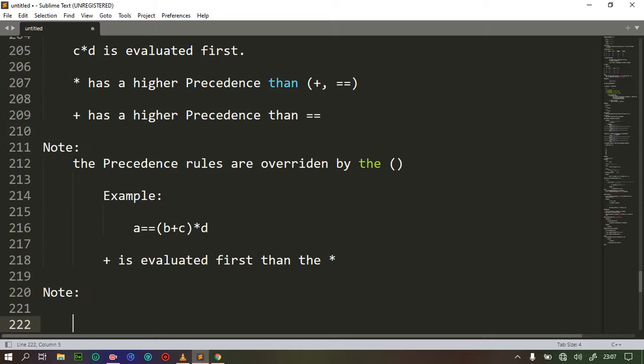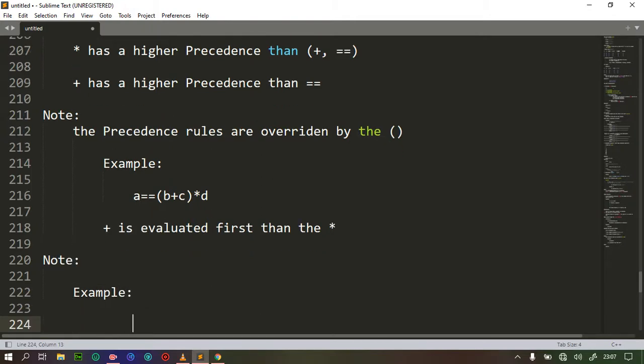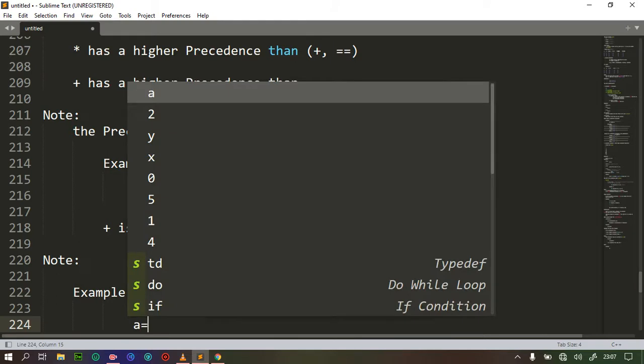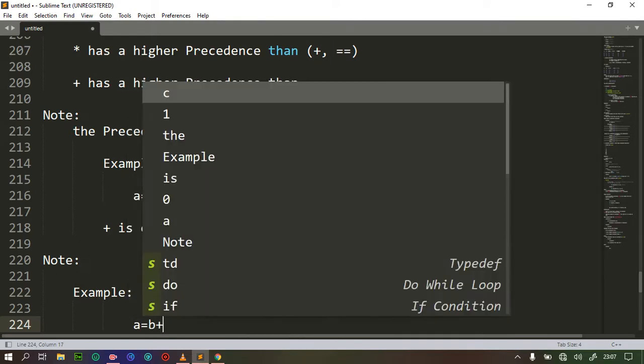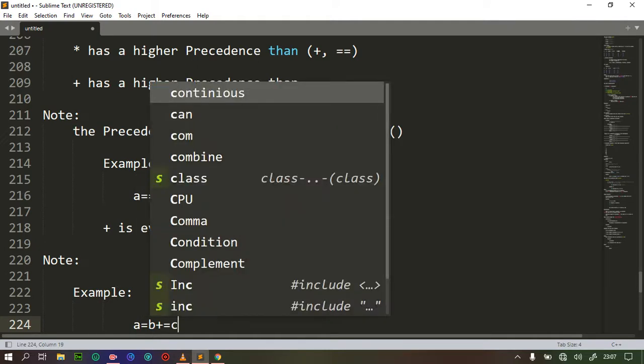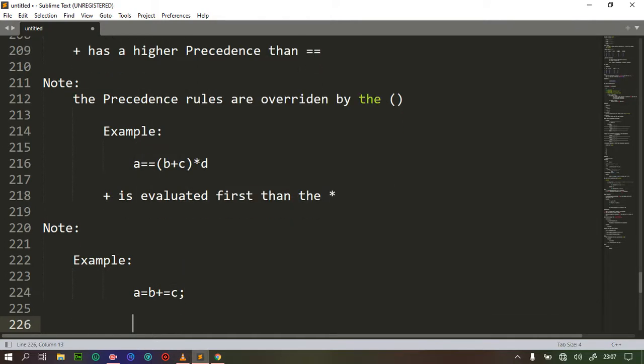So what do I mean? Example, assume I had A is assigned B plus assignment C. Someone is saying, hey, nothing is new here. This is shorthand addition.